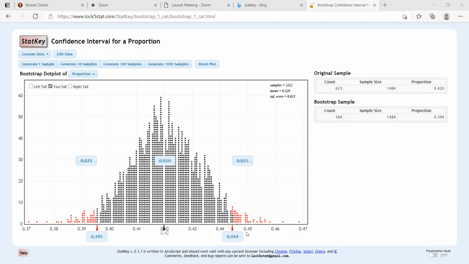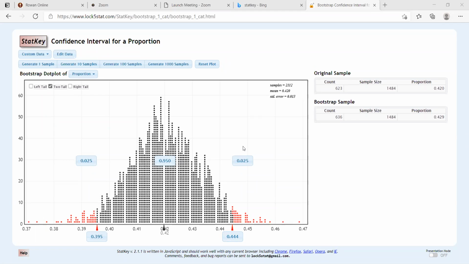So look at this. Without actually using formulas, we came up with a confidence interval very close to the one we came up with using the traditional method. And did we do any calculations here? Didn't do any calculations. The StatKey program does it for us.